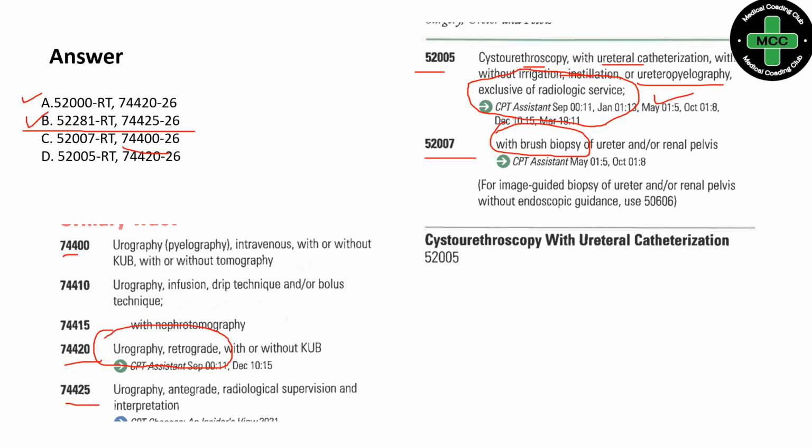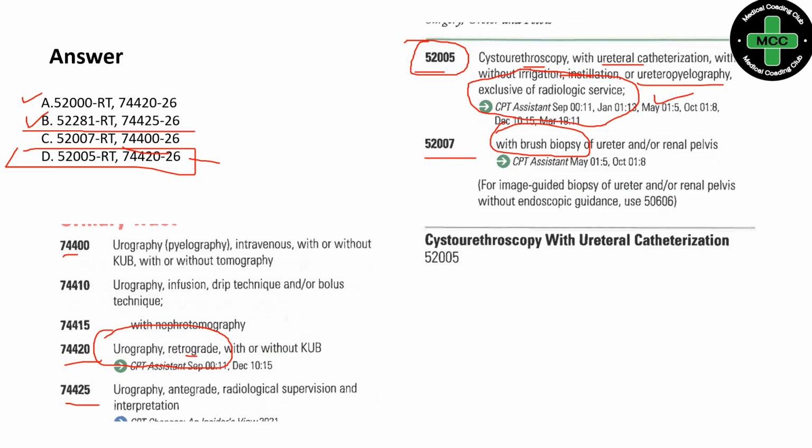They did retrograde pyelography, so 74420 is correct, and again 52005 is correct. So the answer is option D: 52005 with RT, because they did the right-sided procedure, and 74420 because of the urography retrograde procedure. We are utilizing modifier 26 for the interpretation. So option D is the correct answer for the second question.